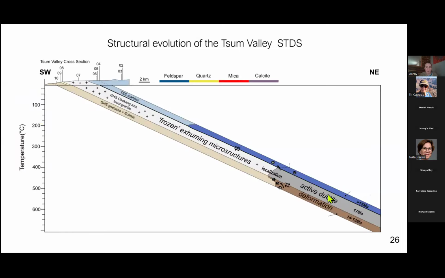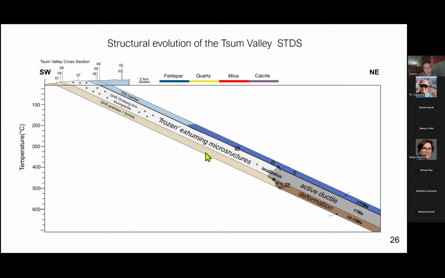So this diagram is going to depict the structural evolution of the detachment system. We're going to fill it in slowly. Here on the y-axis is temperature, which generally increases with depth in the crust, but not necessarily in a linear relationship, especially as we're at a tectonic boundary with complex processes of heat redistribution.